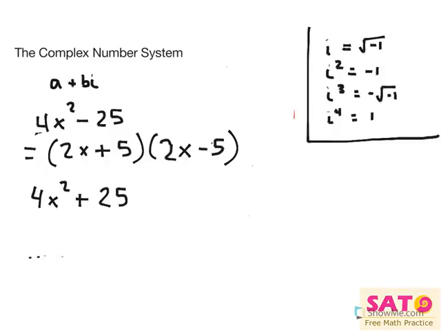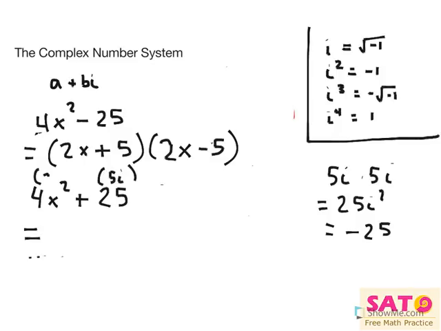So let's say we can use, because we know 5i times 5i is 25i squared, which is negative 25. So we can write 2x plus 5i and 2x minus 5i.